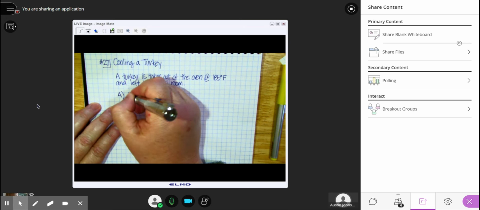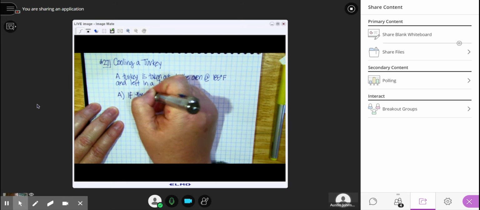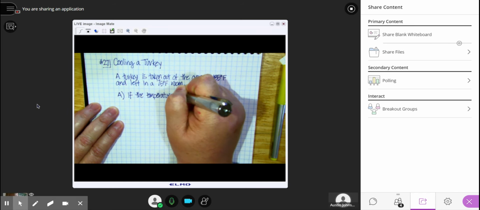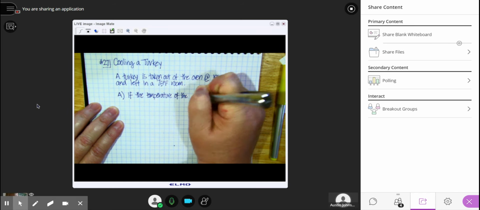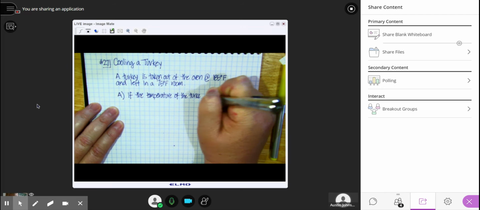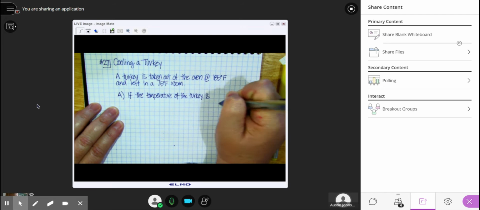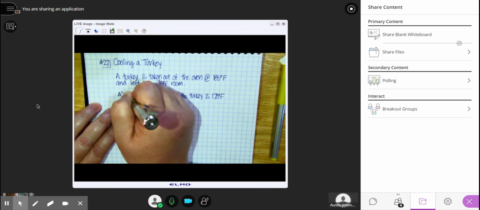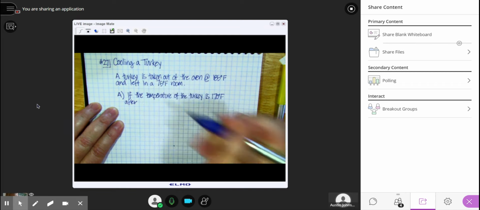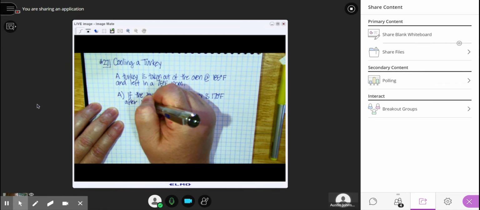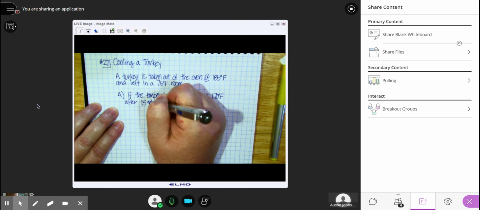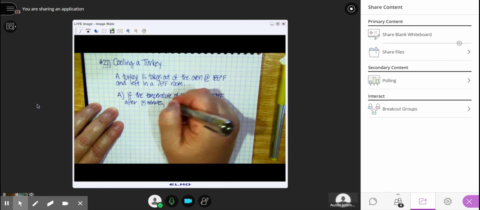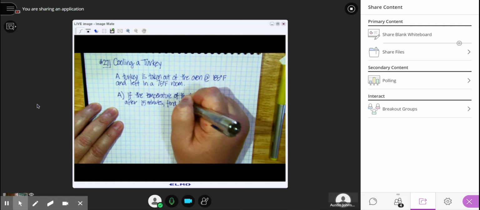Okay. If the temperature of the turkey is 170 degrees Fahrenheit after 10 minutes, no, let's do 15. Find k.